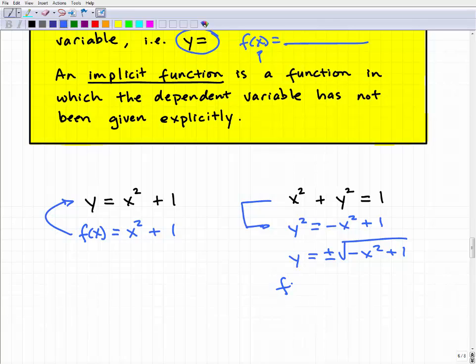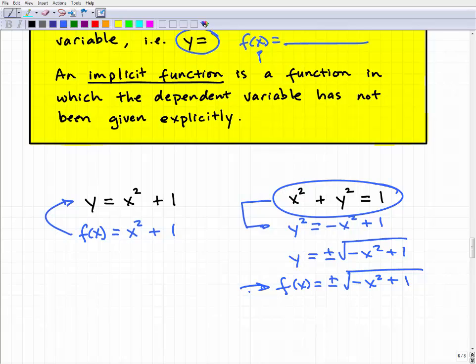Now looking at that as a function, I have f of x is equal to plus or minus the square root of negative x squared plus 1. So when I ask you to write a function either in its implicit or explicit form, you're going to be going from something like this into something like this.